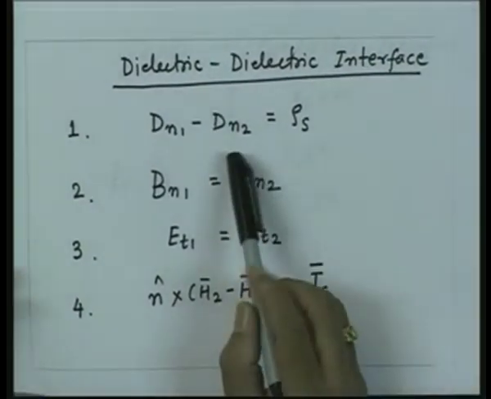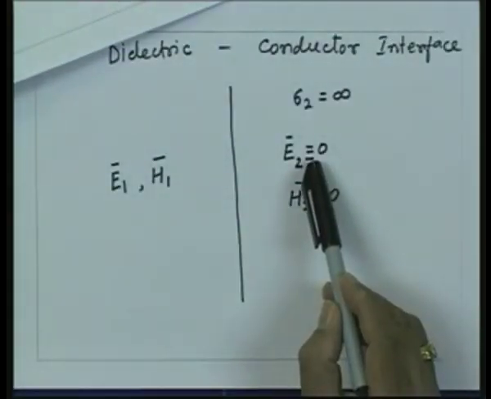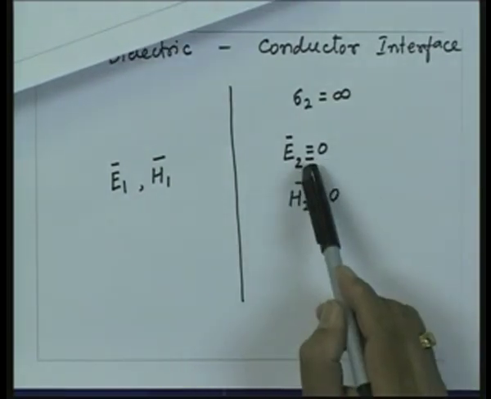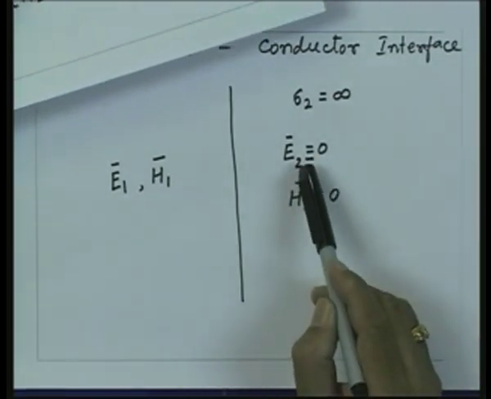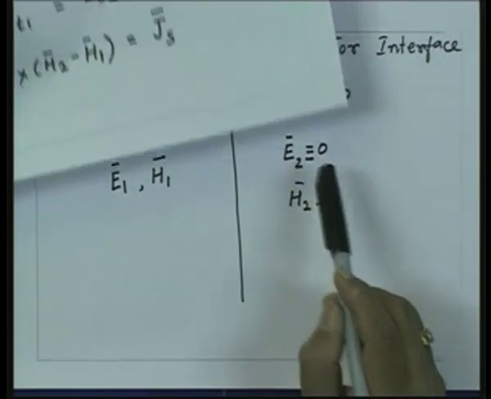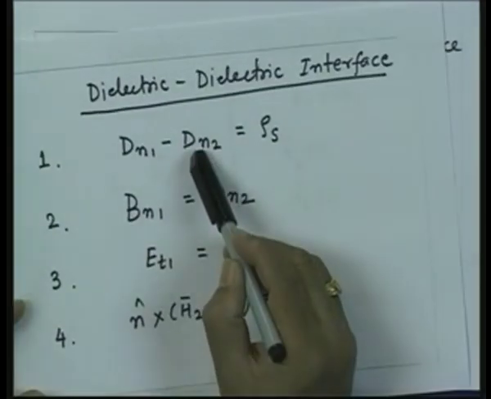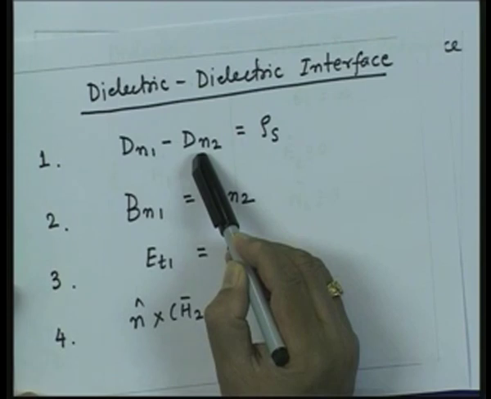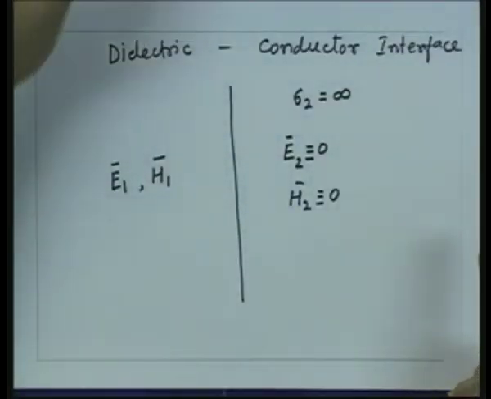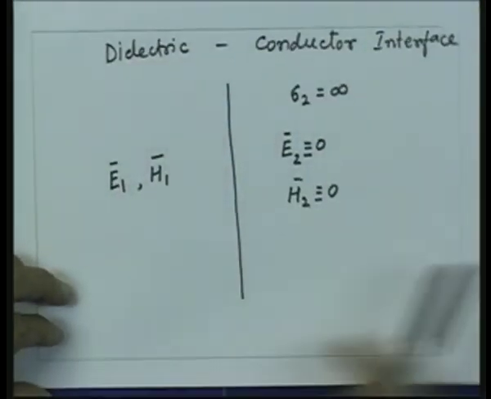Since the electric field is 0 in this medium, and permittivity times the electric field is the displacement vector, Dn2 is identically 0 inside the conductor.